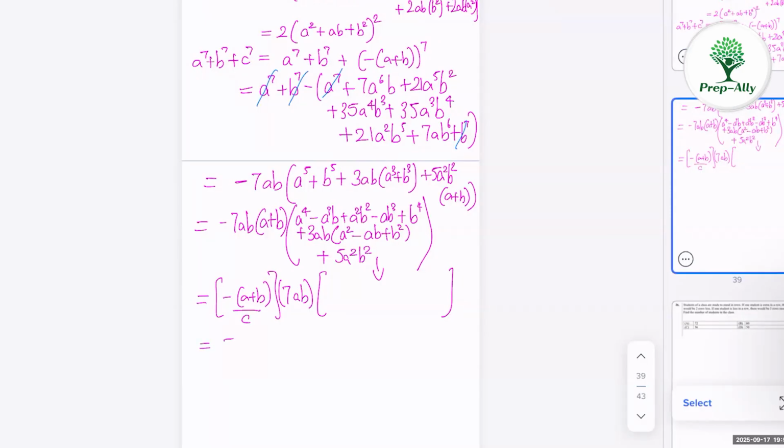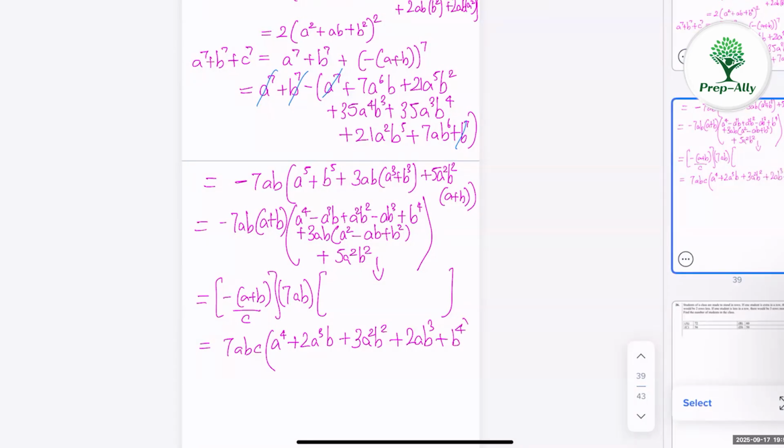So we can write this as 7abc into, so if we simplify this over here, we have a power 4 plus 2a cube b plus 3a square b square plus 2ab cube plus b power 4.